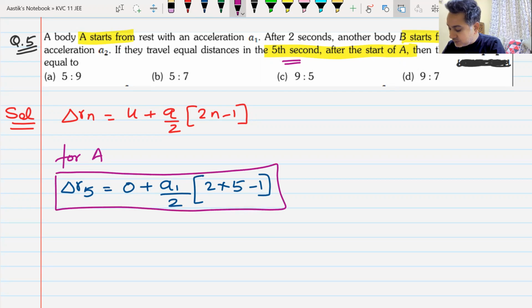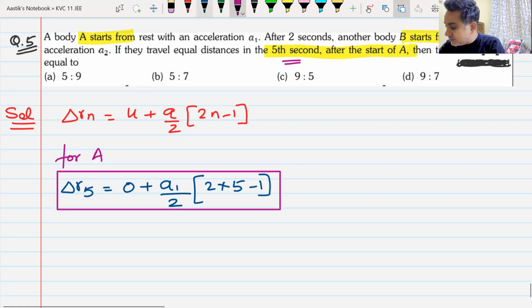But what about B, my dear friends? B starts 2 seconds after A. So the fifth second for A is actually which second for B? It is the third second for B. Yes or no?